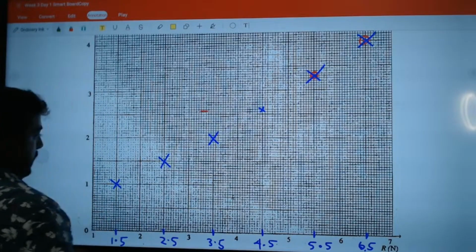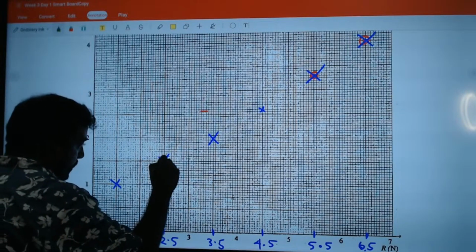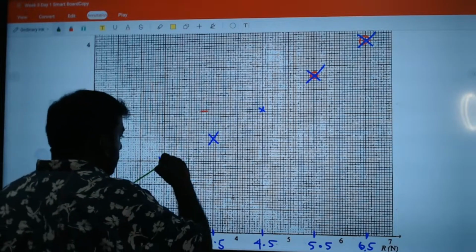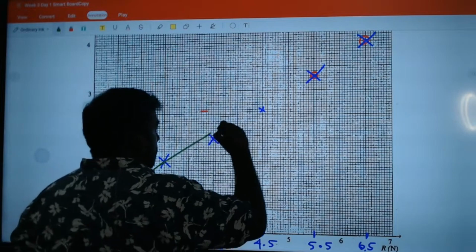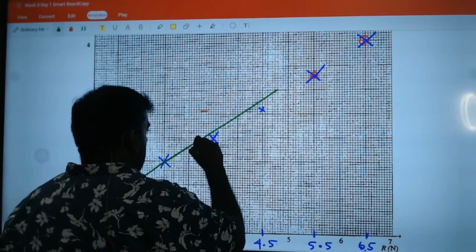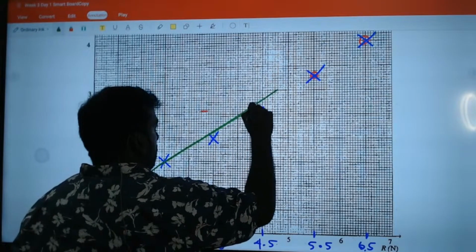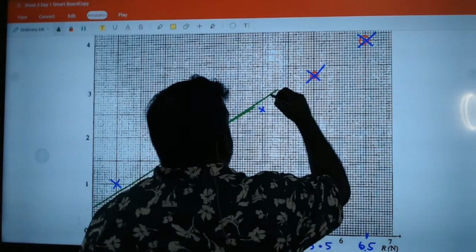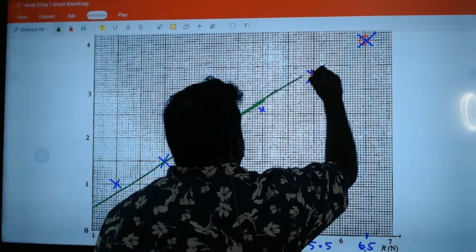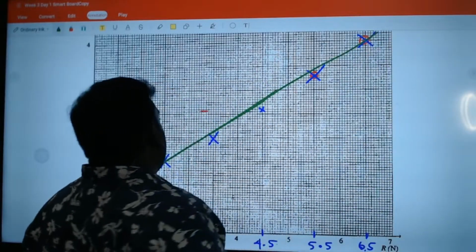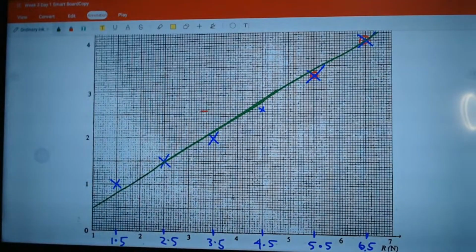It will go through, there will be a line like that, which uniformly distributes.